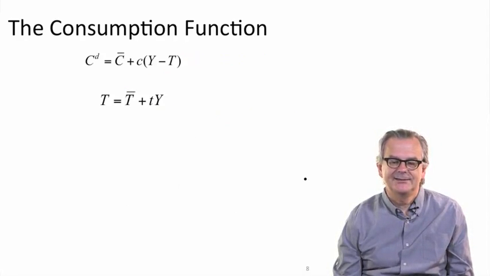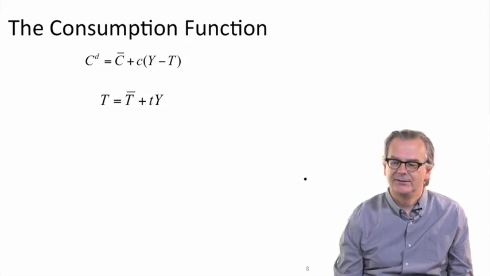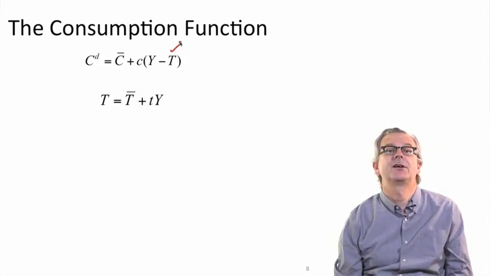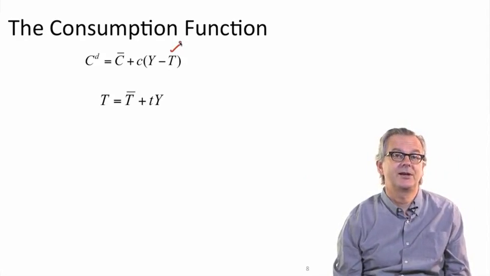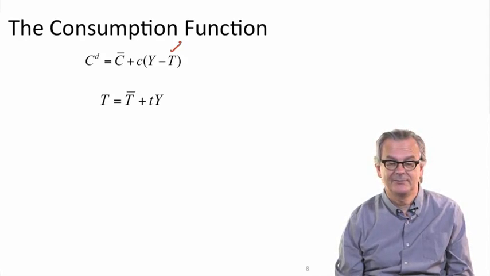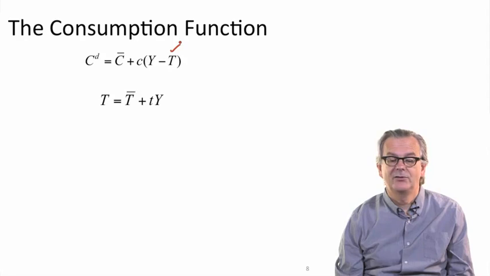What about taxes? How are we going to treat taxes? In the consumption function, we've just written capital T there, which just stands for the total amount of taxes paid by the household. We can actually say a little bit more about taxes, and this is the approach that's often undertaken in this analysis, and that is to divide taxes into two distinct components.